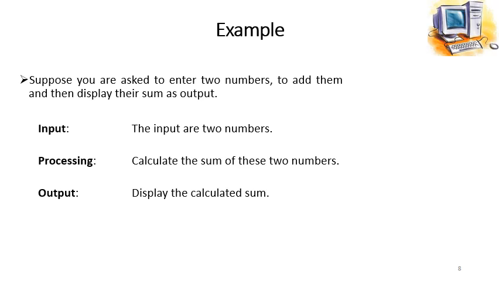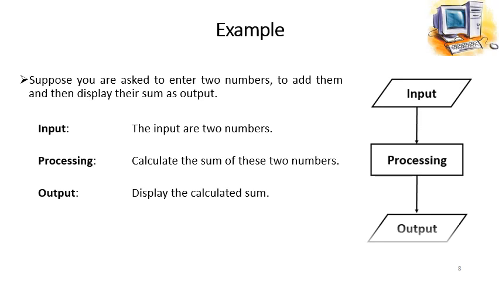So it's a very basic and simple example of solving a problem which involves input, processing and output. These three steps are involved in almost every type of problem solving.